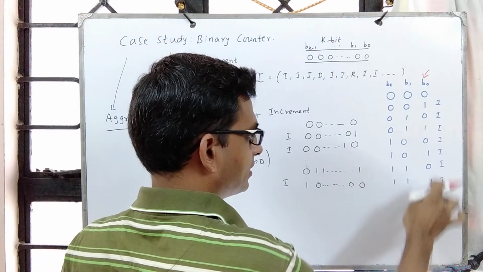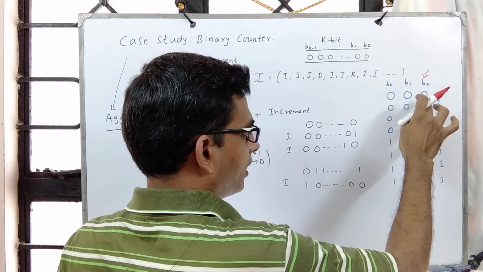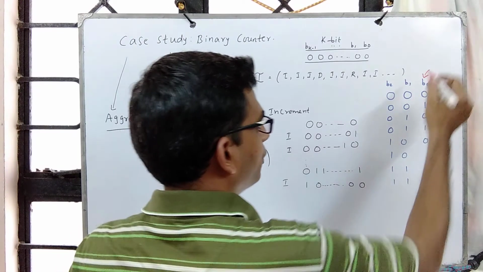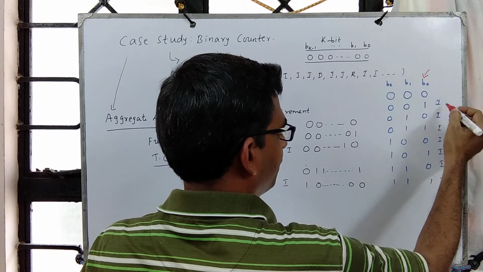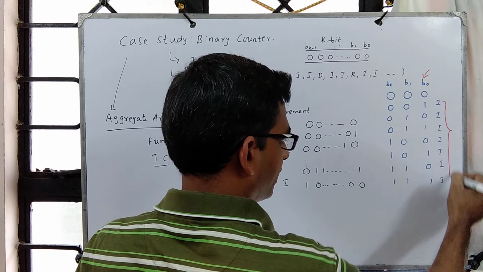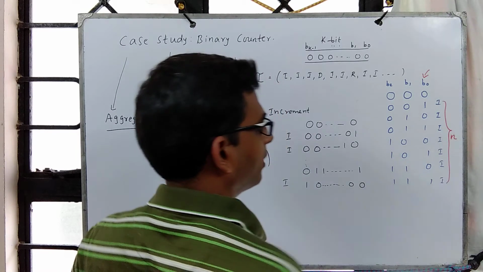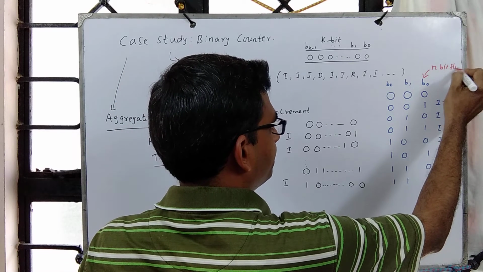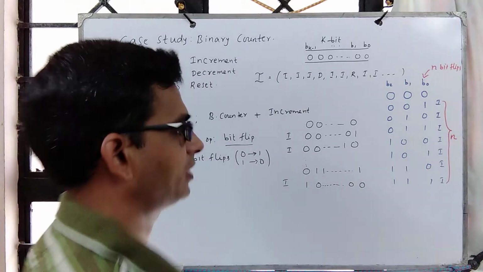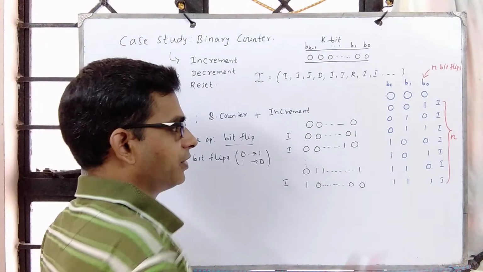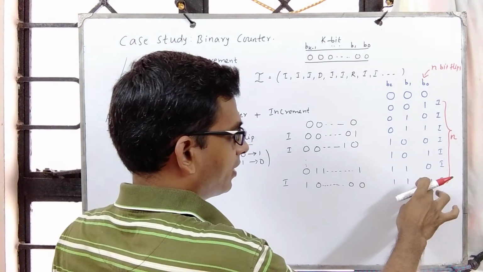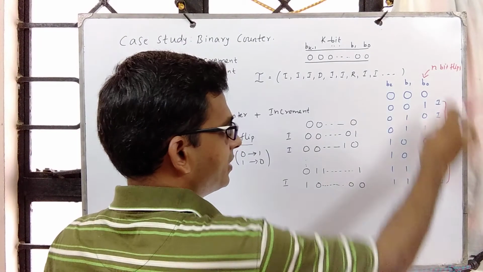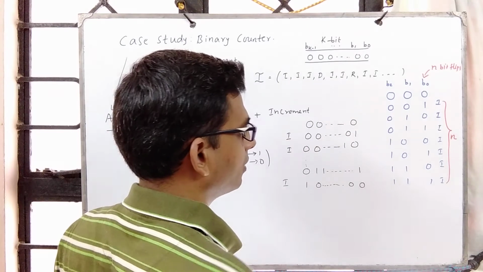So at each increment there is a bit flip. So how many bit flips are there? If there are n increments, then n bit flips. In this case it is 7. So in this column, at each increment there is a bit flip.